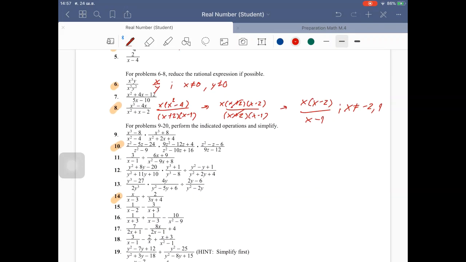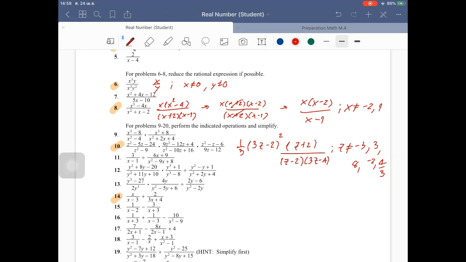Okay, question 10. Question 10 answer is, and z cannot be negative 3, cannot be 3, cannot be 8, cannot be negative 2, and cannot be 4 over 3.